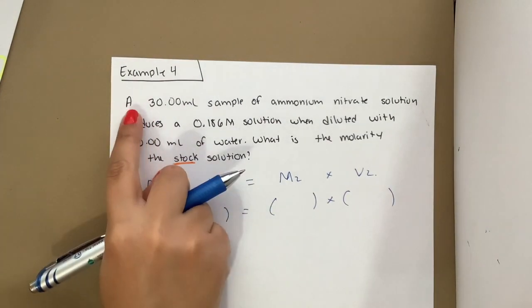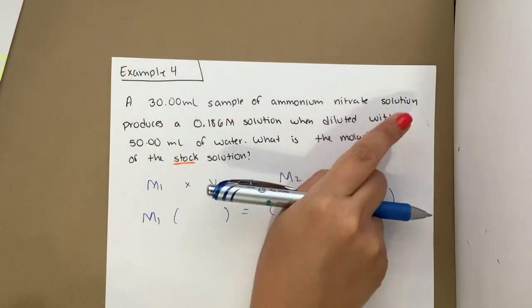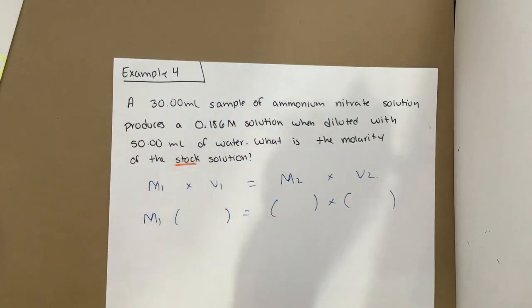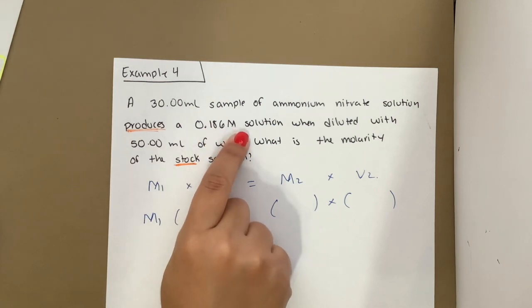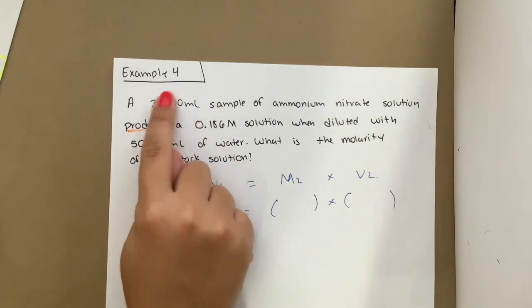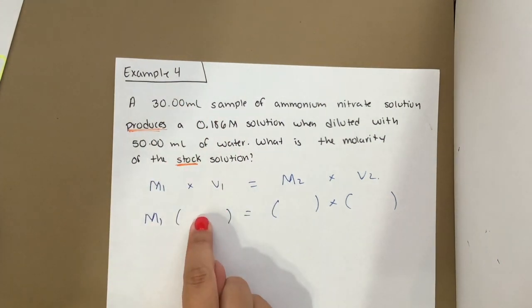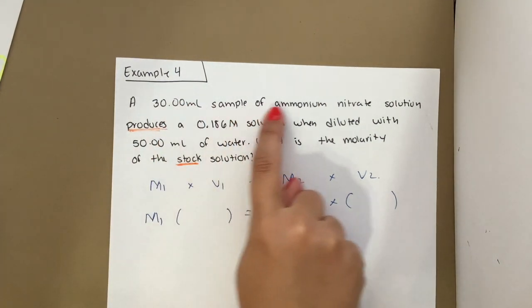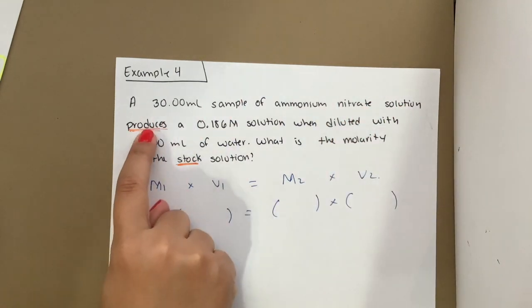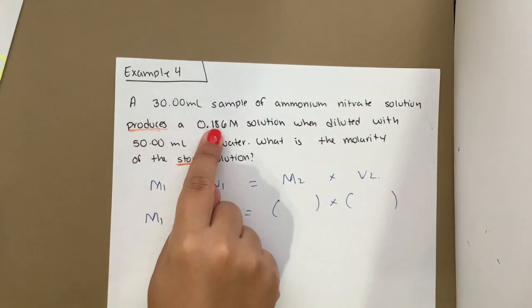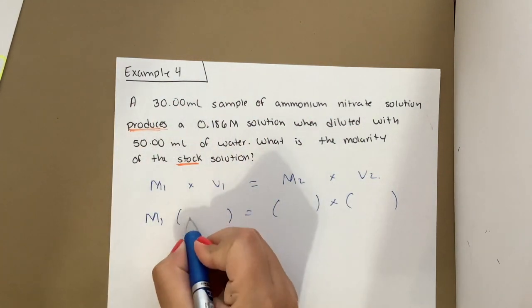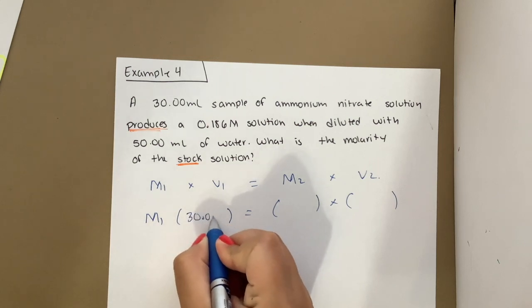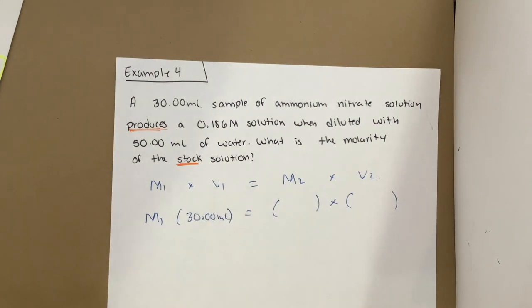So let's read it again. It says a 300 milliliter sample of ammonium nitrate solution produces. Again, this is another key term. Produces, diluted, stock. Produces a 0.186 molar solution. So that means that this volume refers to our initial volume. That means that 300 milliliters is our initial volume.